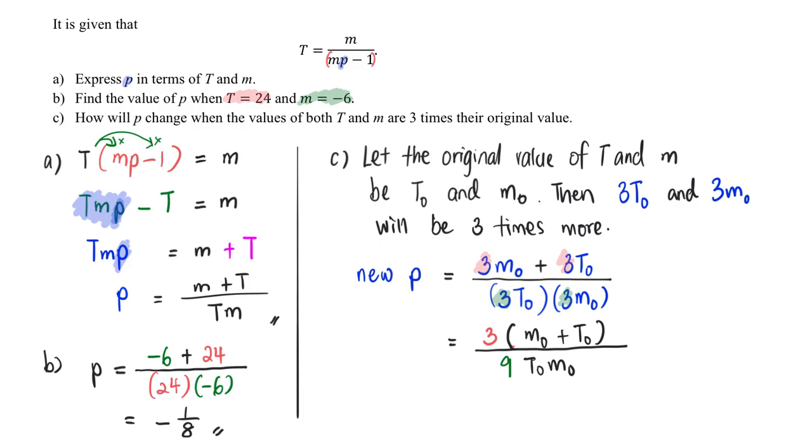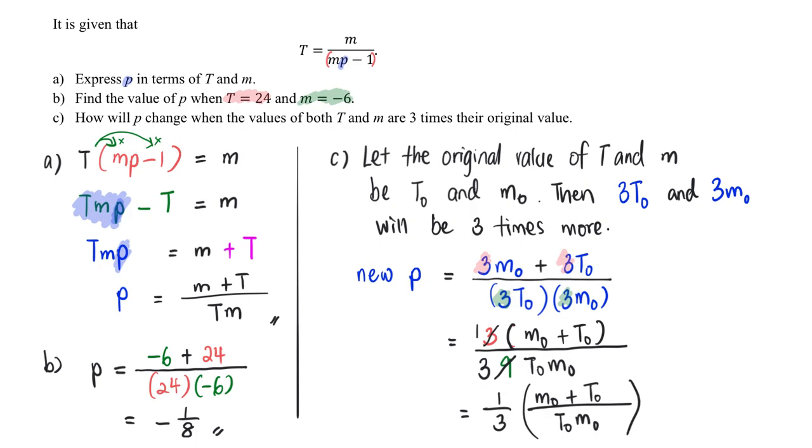And lastly, once I factorize, I can divide by 3 left 1, divide by 3 left 3, so that I have my 1 over 3. I still have my M0 plus T0 over T0 M0.